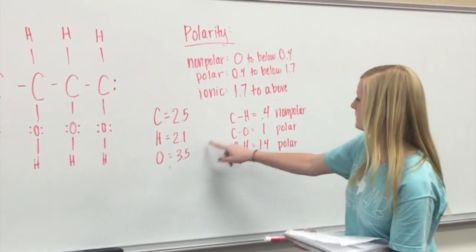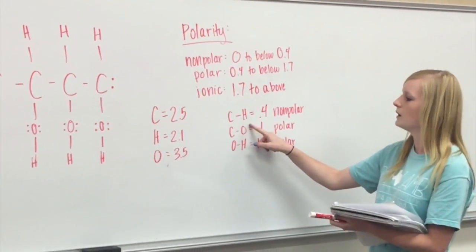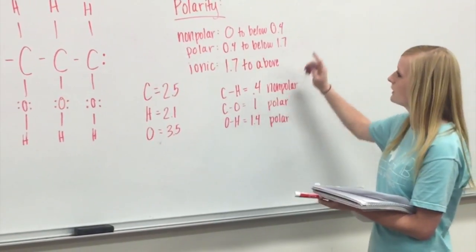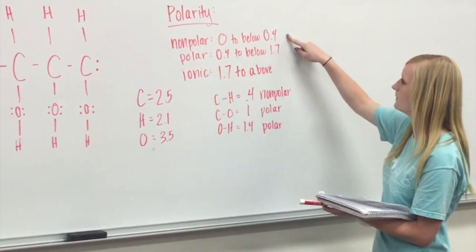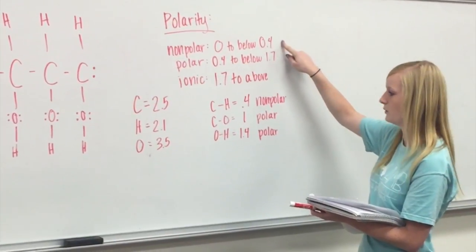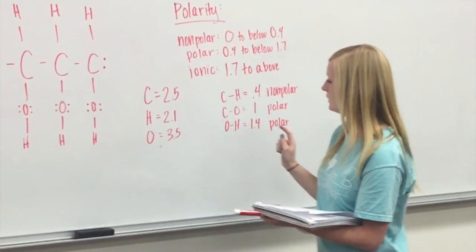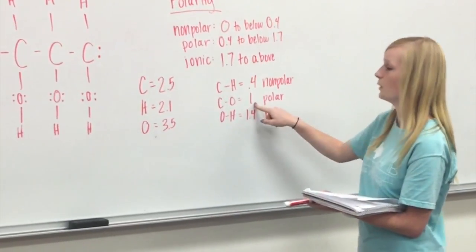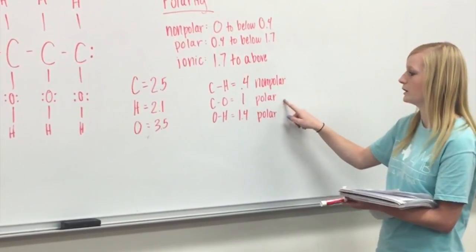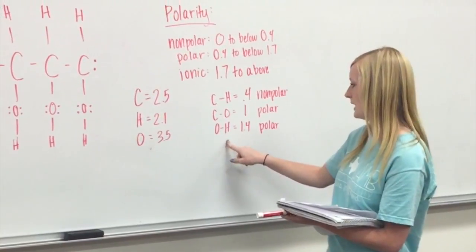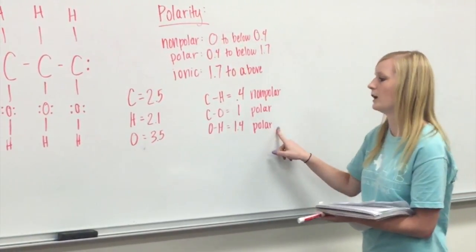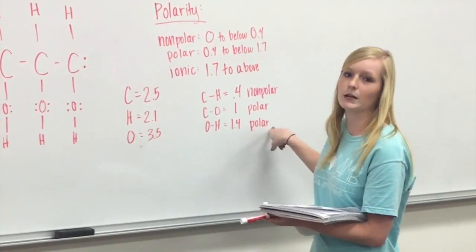So for bonds between carbon and hydrogen, you subtract the 2, and so we end up with 0.4. So that means that bond is nonpolar. And then looking at the bonds between carbon and oxygen, the difference is 1, so that one would be polar. And then oxygen and hydrogen is equal to 1.4, so that one is polar as well. But none of these are polar enough to be considered ionic.